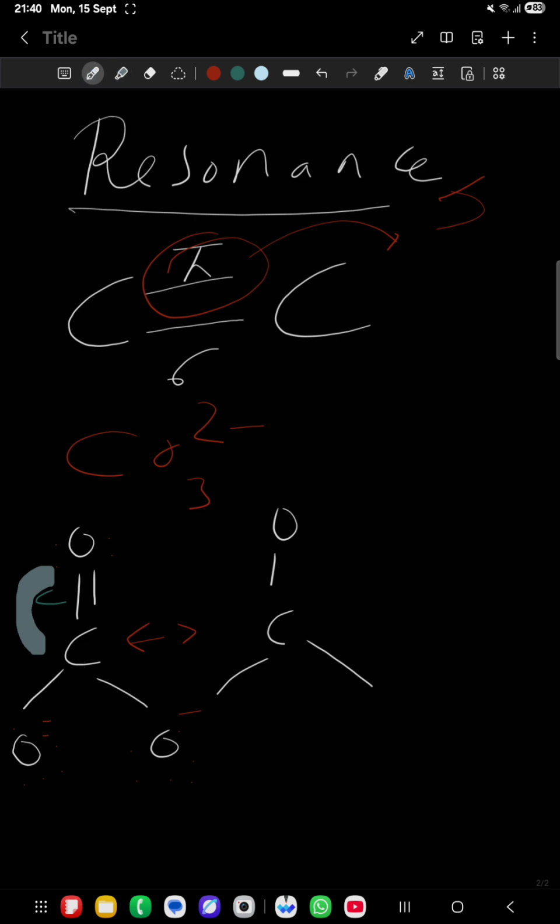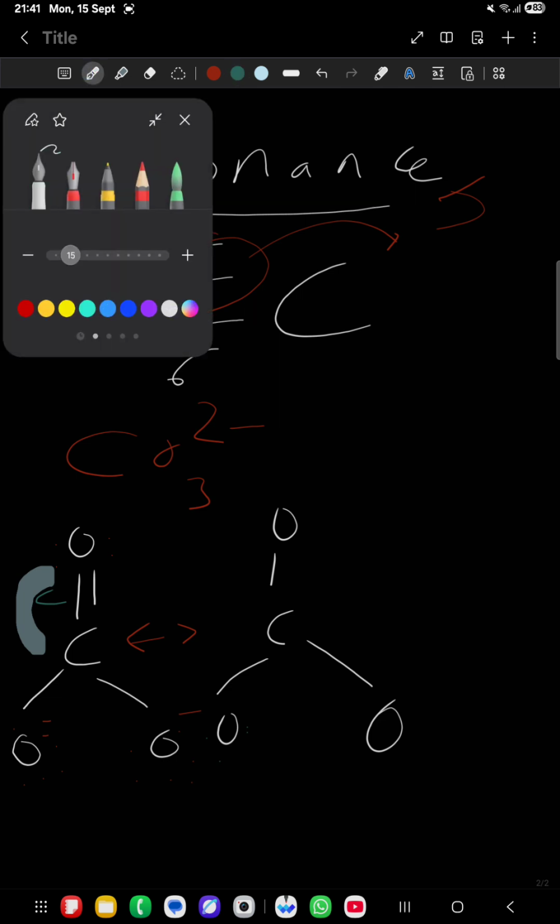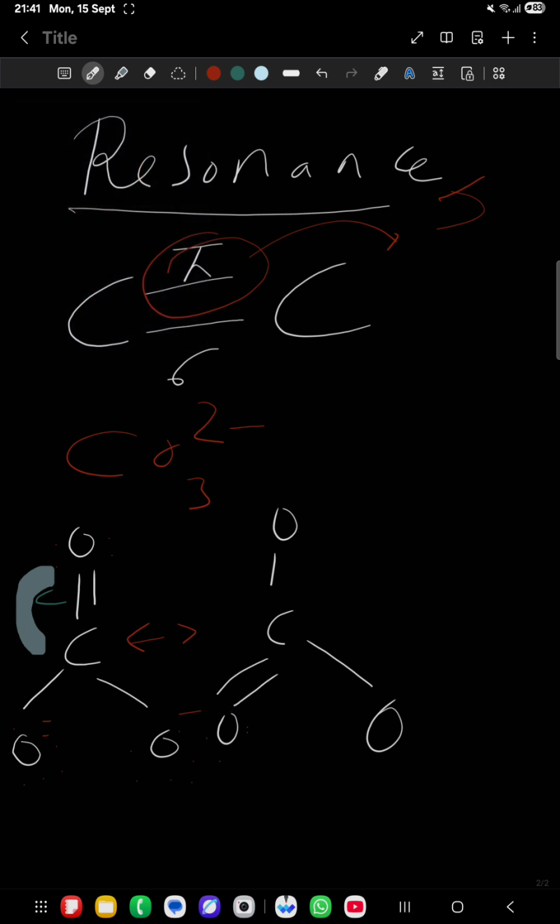When this whole pair shifts this side, here we have a double bond. I am mentioning it with a different color so that you do not get confused regarding 1 2 number of electrons and 3 4 number of electrons. Earlier we used to have 5 6 electrons. Now we have a double bond between them, and the double bond is being shared, so one of the pairs of electrons is gone.